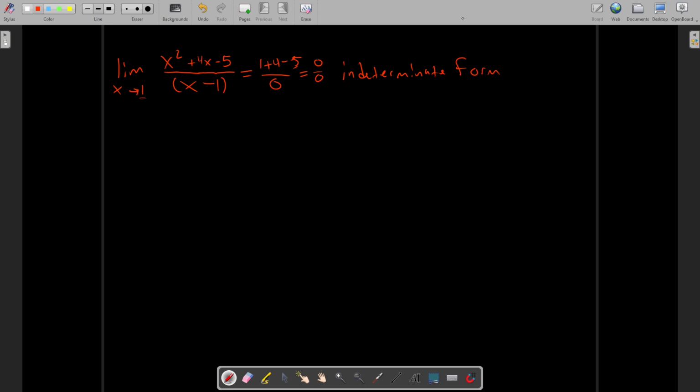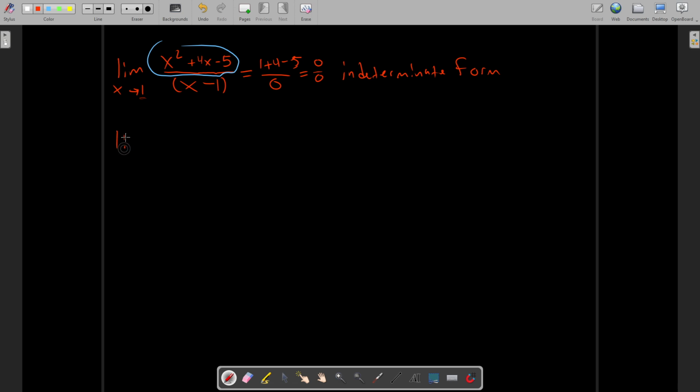So what does this tell us? Well, indeterminate form tells us that there should be a way to simplify it to get the limit to exist. And in this case, that's definitely true because if you look at the top of the expression here, the numerator, we see that it's x squared plus 4x minus 5. And you can actually factor that to reduce that, so let's write this here.